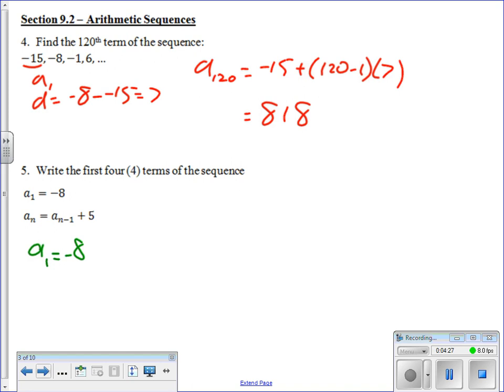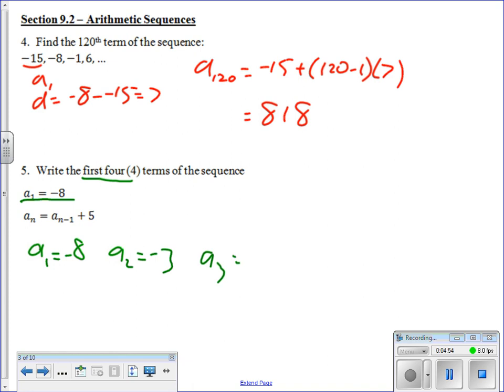Your first term is not -3. -3 is the second term. It's a recursive formula. It says write the first 4 terms. That is the first term. It is an extremely common error to not give me the correct first term in the answer. And yes, I will mark you wrong for that.